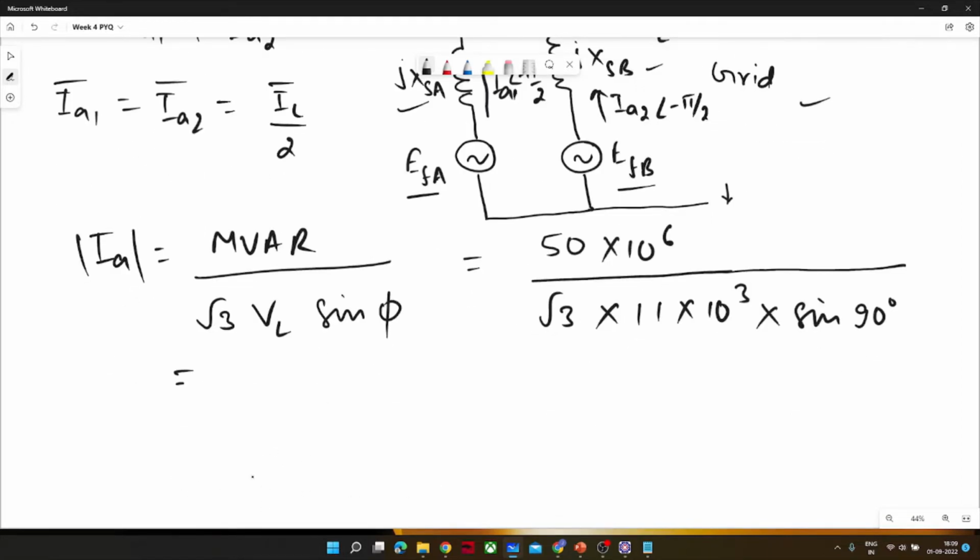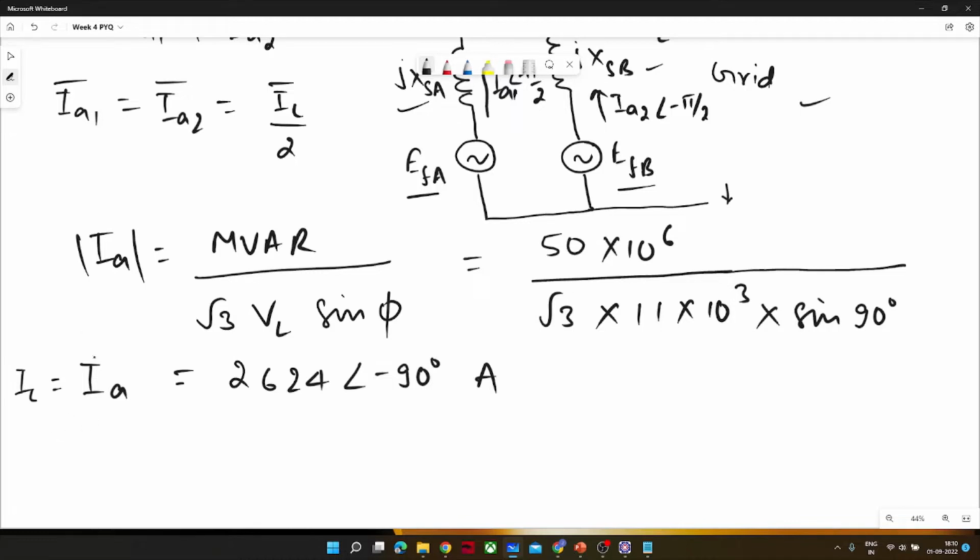Any doubt why I am writing sine 90 degree? If not, then let us calculate, or I have the calculated value here. So that would come out to be 2624 angle minus 90 degree. So that would be IA, ampere, sorry, IL. We use IA and IL as the same, okay? Because it is the armature current, most of the time it is referred to as such.